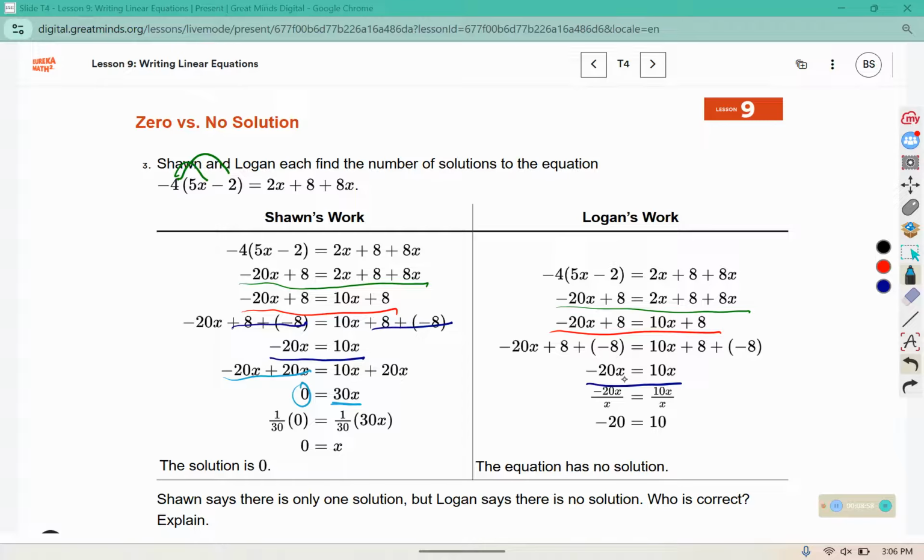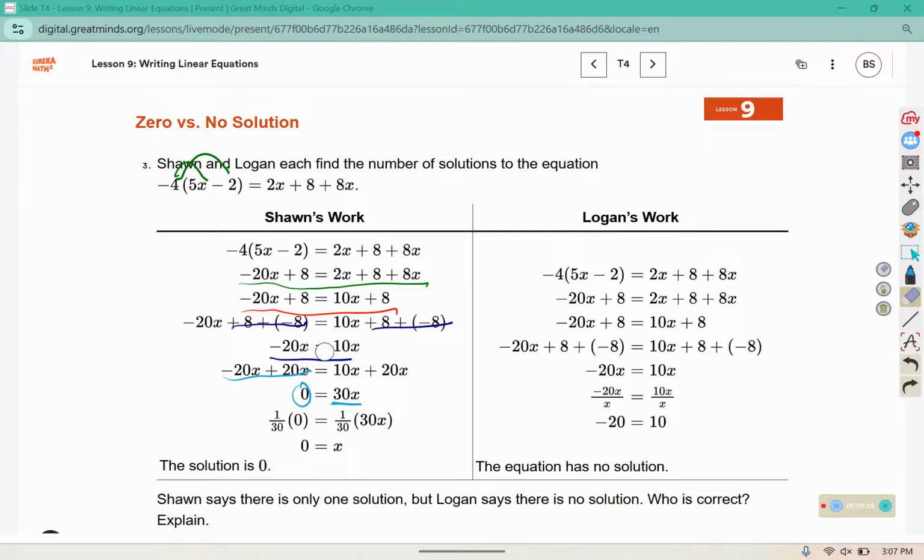Over here, Logan divided by x on both sides. But we don't want to necessarily eliminate the x. We would want to keep the x so we can determine what the solution is.